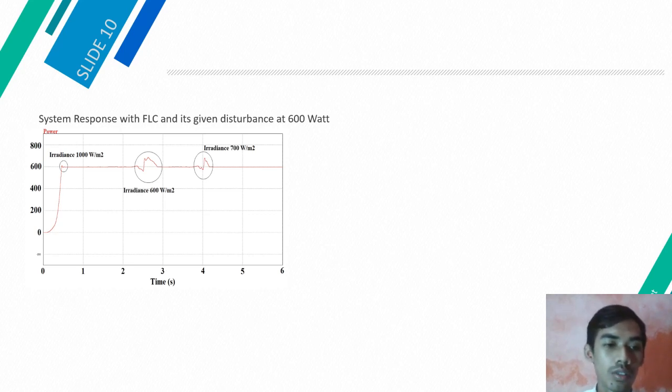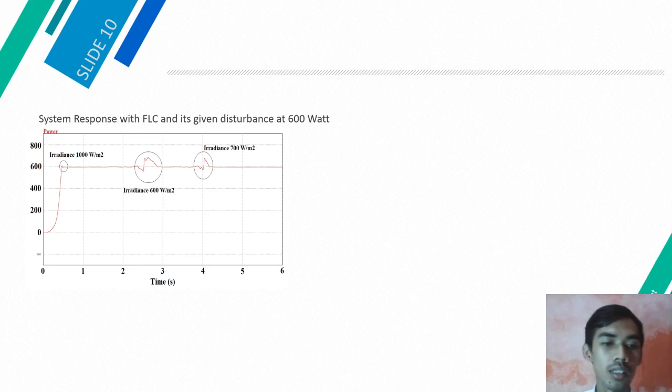This picture shows the response of the system using the control when a disturbance is given to the PV with a power set point of 600 watt. Disturbances are given by decreasing the irradiance received by the PV. In the beginning, PV was given an irradiance value of 1000 watt per square meter, and then the irradiance was reduced to 700 watt per square meter as the first disturbance at 2.5 seconds.